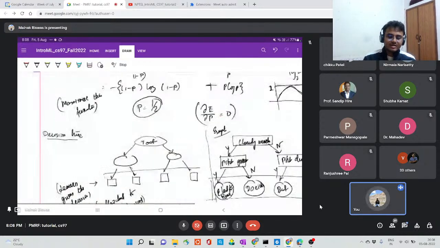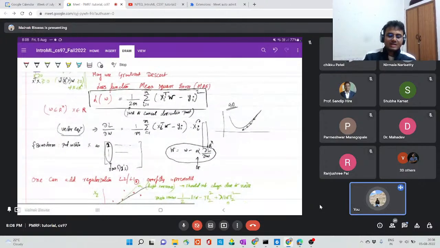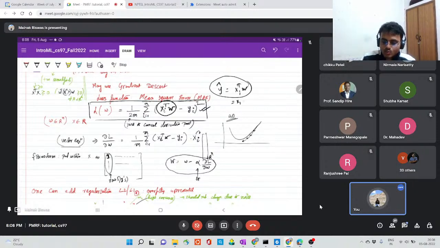In the case of linear regression, we try to minimize the error between x transpose w and y. We want to model y hat as x transpose w, which is what linear regression is. So it's x1 w1 plus x2 w2 plus up to xn wn plus b.